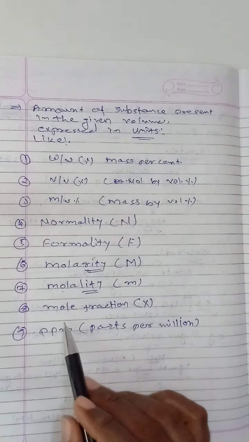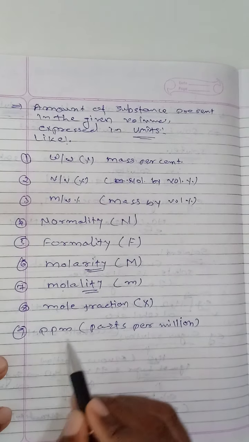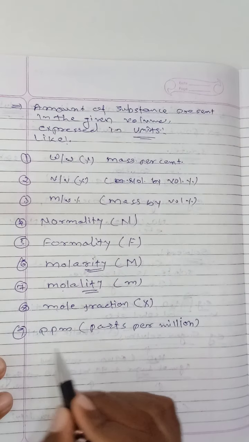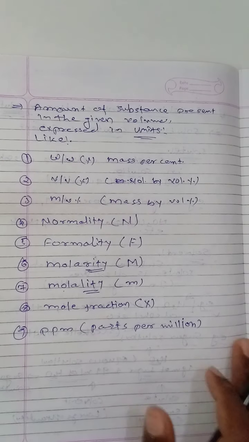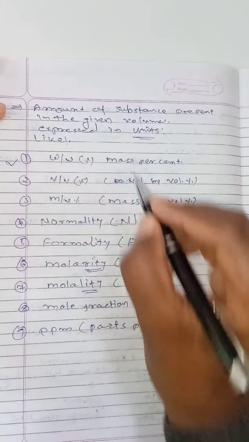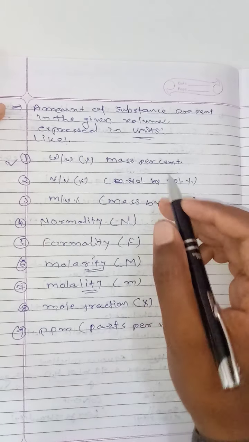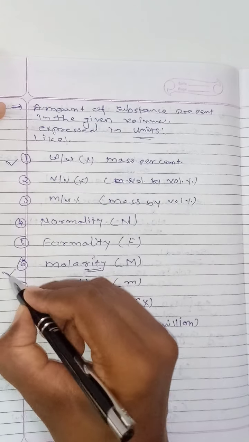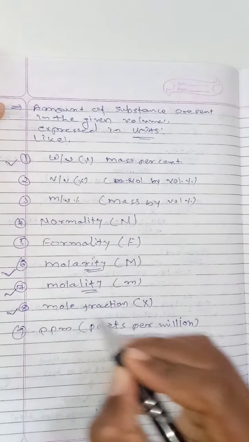Number 8, mole fraction denoted by capital X. And number 9, ppm, parts per million. In this chapter we learn percentage weight by weight, then molarity, molality and mole fraction.